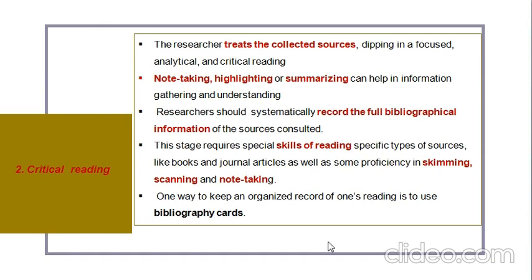In this stage, the researcher will centrally practice some other activities like note-taking while reading, highlighting the most important information. Sometimes when there are a lot of details about a point, the researcher needs to practice summarizing. And these techniques can help in information gathering and understanding. The aim of the researcher in this stage is to understand the topic as much as possible.